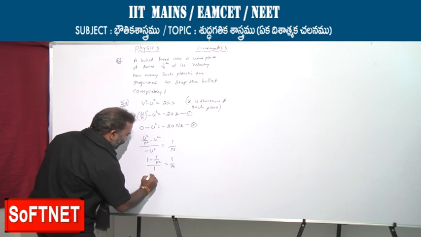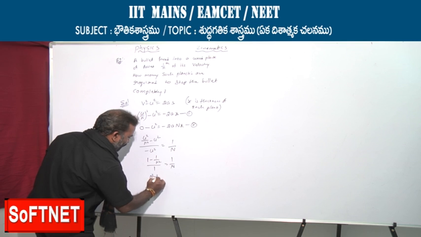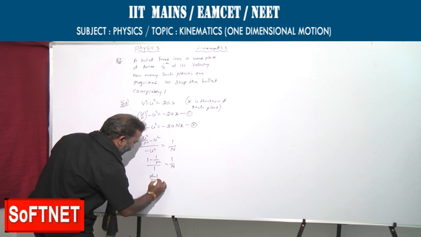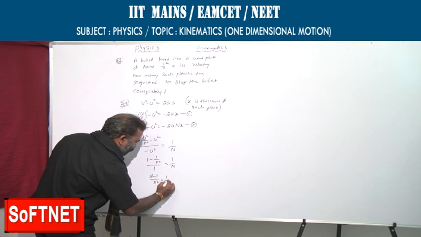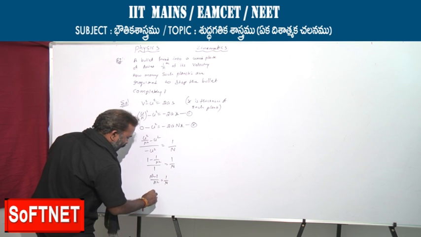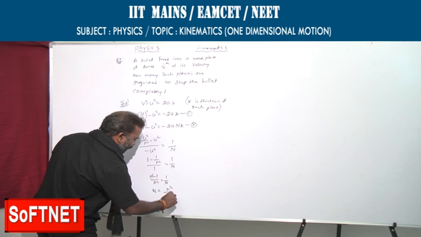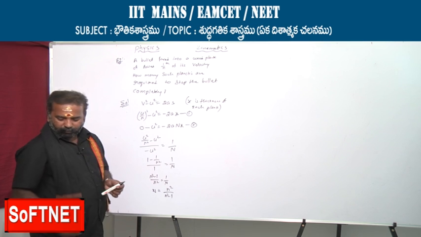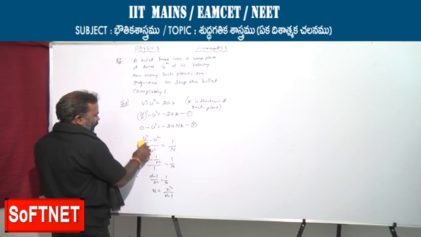Simplifying, n² minus 1 by n² is equal to 1/n. So capital N is equal to n² by n² minus 1. Let's repeat once again from the start.